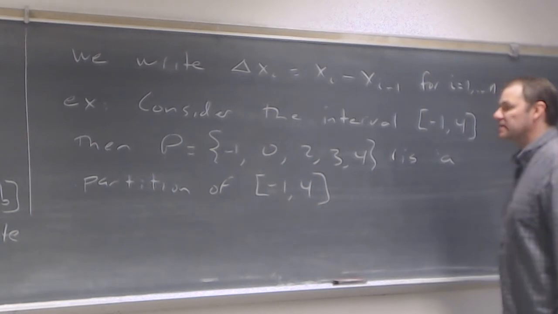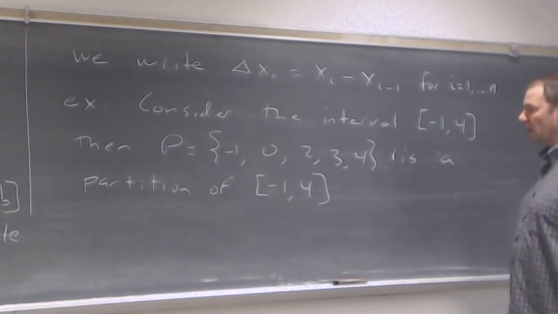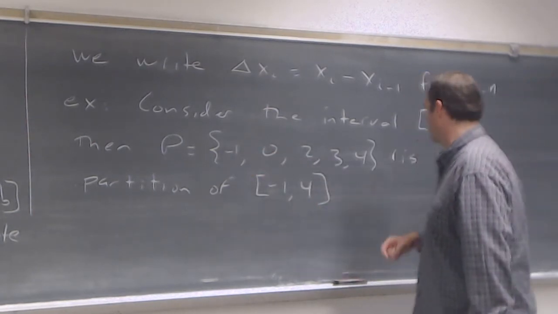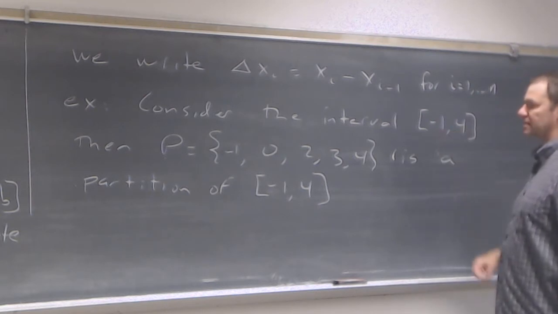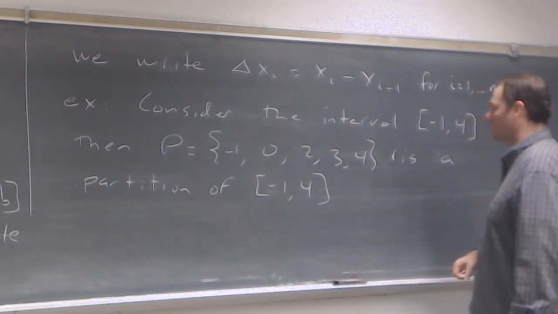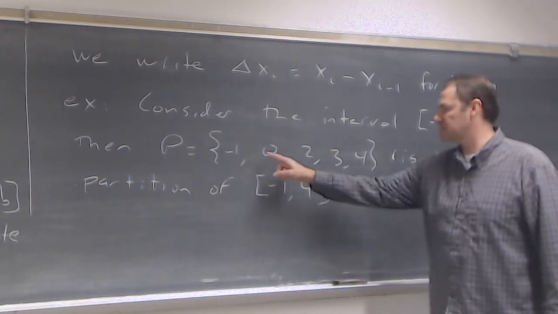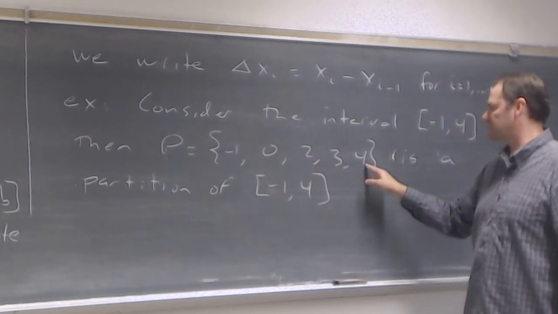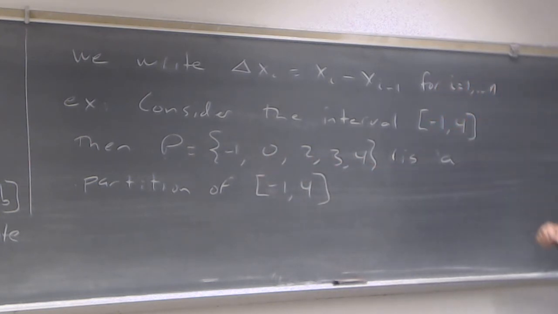This is a finite collection of numbers. The first number is x_0, it is equal to a. The last number is x_n, in this case that's 0, 1, 2, 3, it's x_4, and it's equal to 4, which is b. This is not the only partition possible of [-1, 4], it's just one partition.